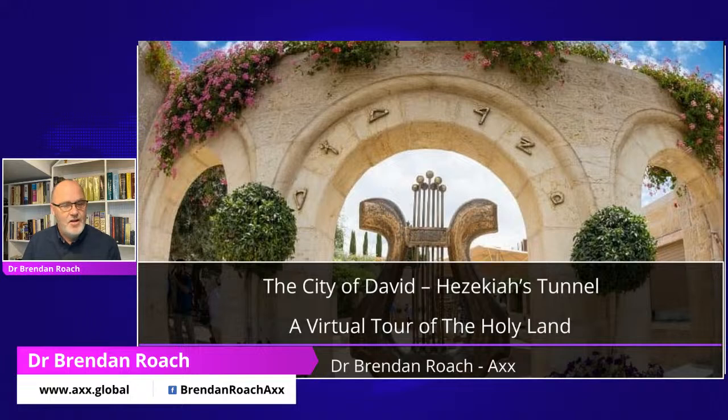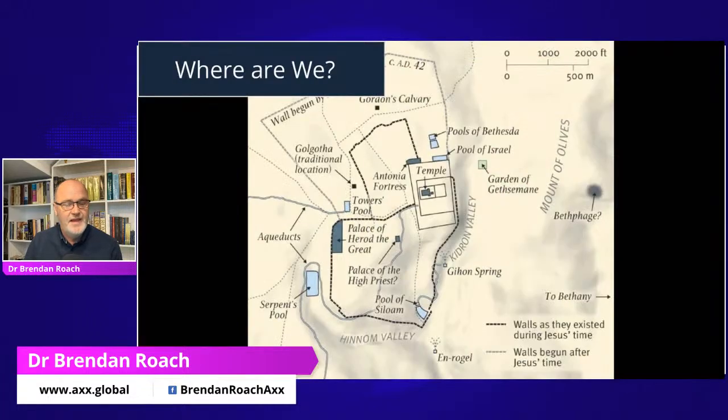As we spoke about in earlier lessons, water was important in ancient times. In Jerusalem, it was the Gihon Spring, the lifeblood of the city. We can see the Gihon Spring on our map.